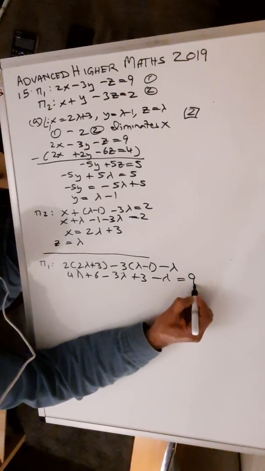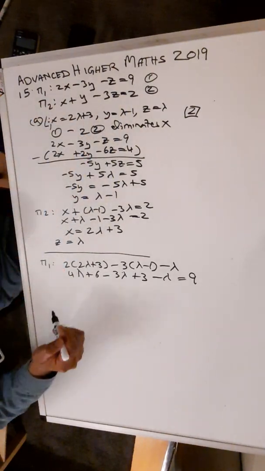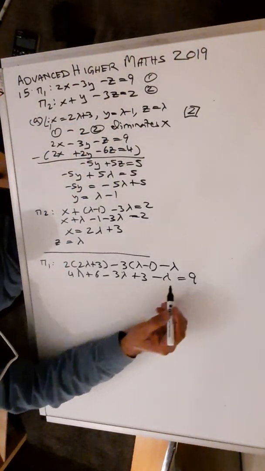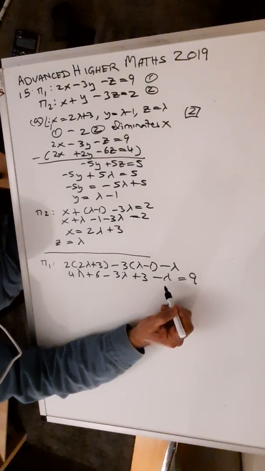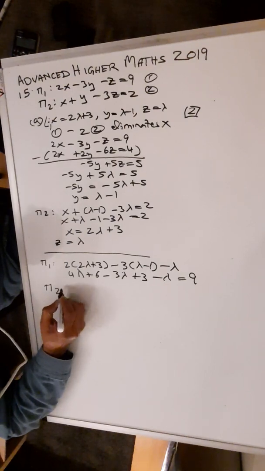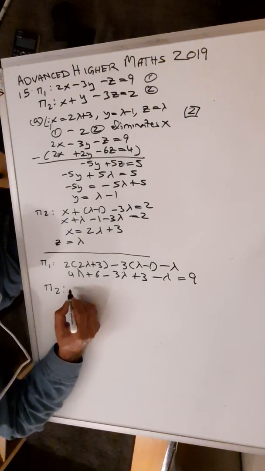So that means that it is equal to 9. So that means the line satisfies the equation for pi 1. Pi 2, if you do the same for pi 2, put in these parametric equations.